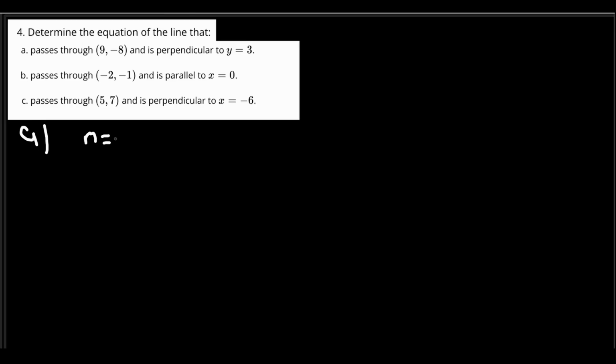And the slope of a horizontal line, which is what that equation is, because y equals 3 is a horizontal line, is 0, obviously. And if it's perpendicular to this slope, then the slope would be negative 1 over 0, and that is undefined.